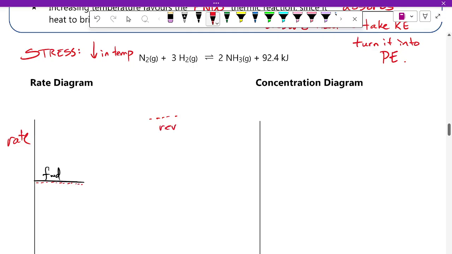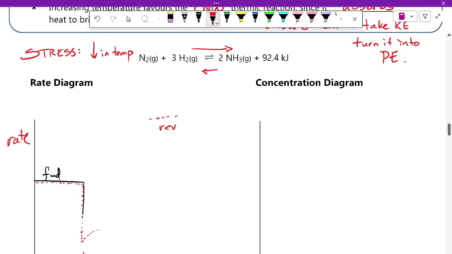Reverse, we decrease the temperature. Both rates go down, but the reverse rate goes down more. So the forward rate should go down, the reverse rate should go down more.